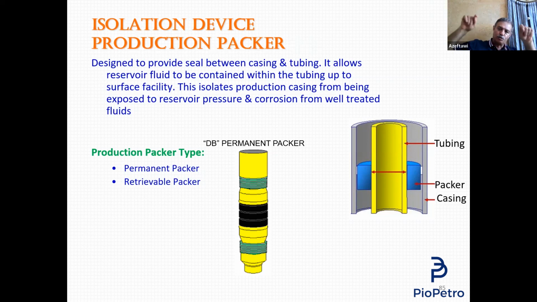Then from the surface, you push the buttons. This will have nitrogen explosives that shear the pins. When pins are sheared, same thing will happen. Slips will bite in the casing, element will inflate, packer is set. In this case, you set it electrically.